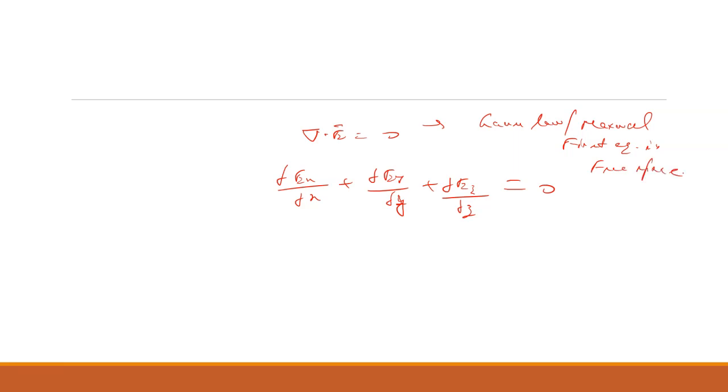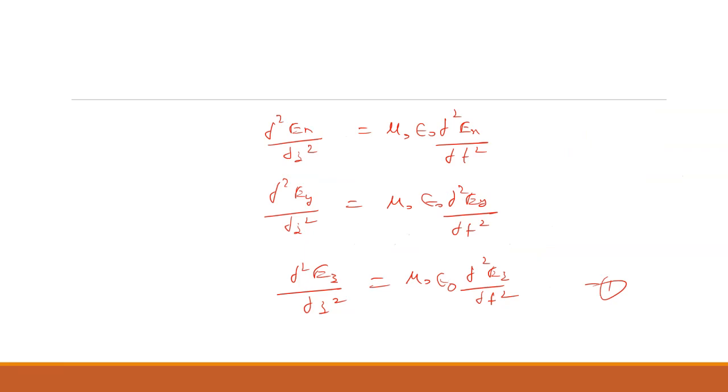As E is not a function of x or y, curly Ex by curly x equals 0 and curly Ey by curly y equals 0.